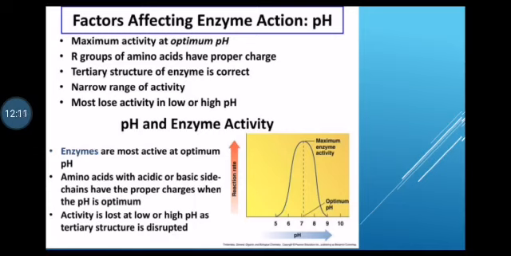If there is an optimum pH, then the charge distribution on both sides of the amino acids will become neutral, and the enzymes show their specific or maximum activity. If there is a change in the pH value, meaning the pH is below or above the optimum value, the tertiary structure is disrupted and the enzymes will not work properly.